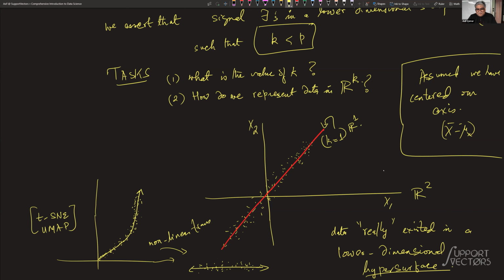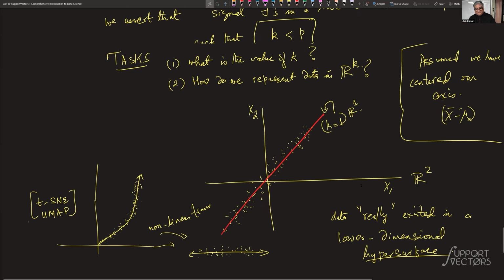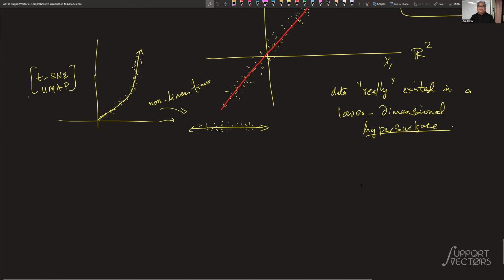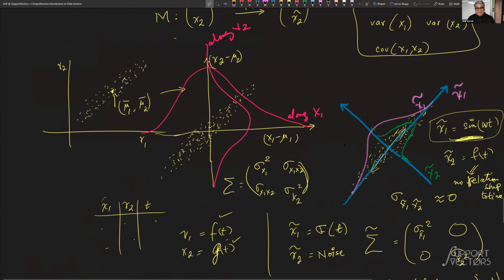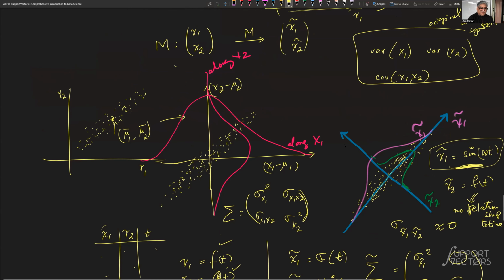Now, today's emphasis will be on one method, which is the one that we just did, and I did it for you without naming it. Look at this data on the left-hand side in the x1, x2 axes, and I created a rotated coordinate system such that we could separate the noise from the signal.